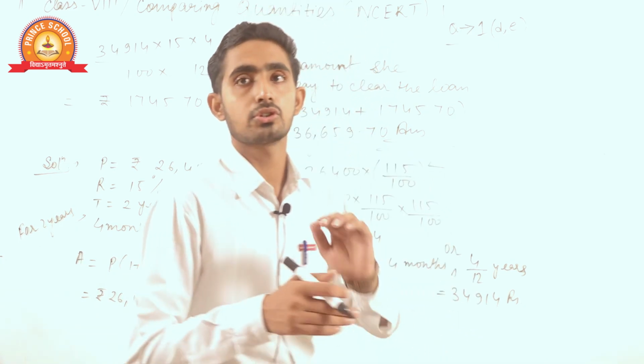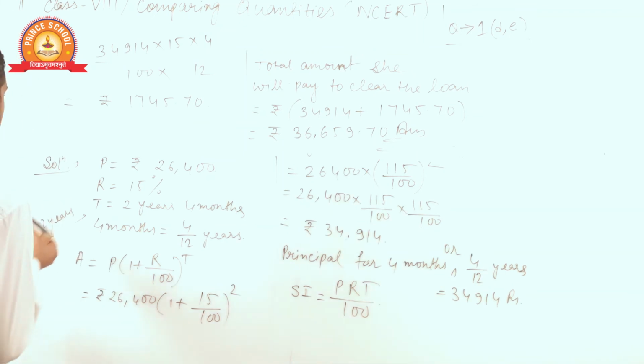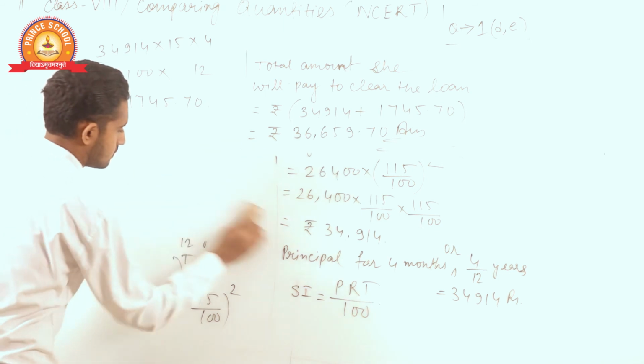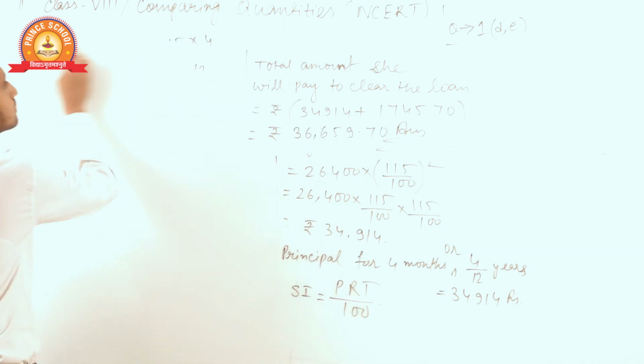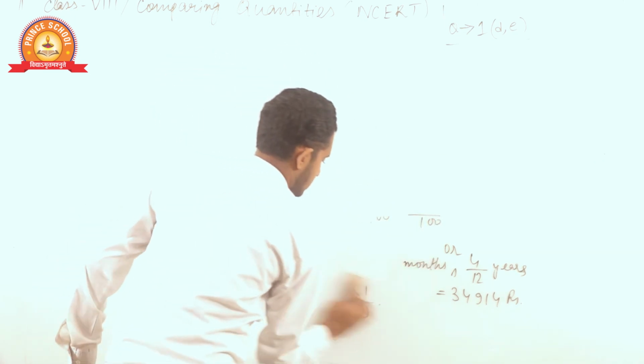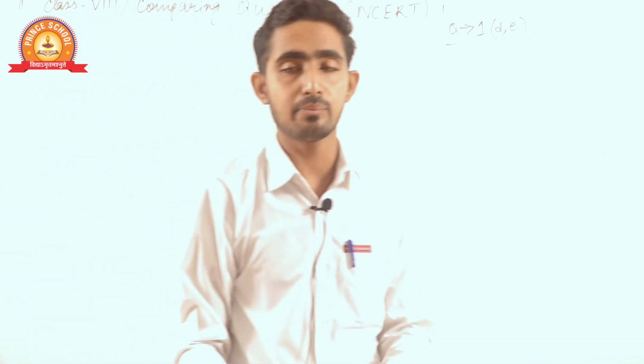Now comes your question number 3. That question number 3 is very important, very interesting also. In your question number 3 says Fabina borrows rupees 12,500. Question number 3, all of you write down with me.